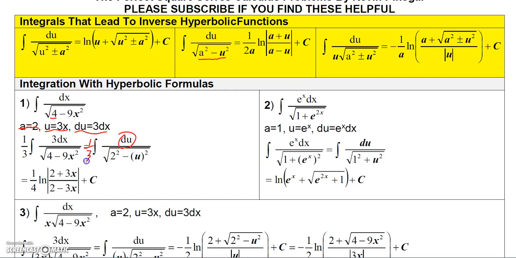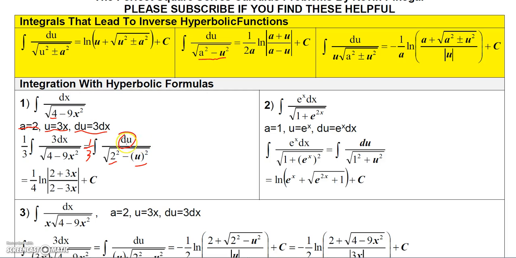So the 1/3 has to carry there. Okay, now let's just talk about this integral now. Now this integral is 3dx, which is du, over the square root of 2 squared minus u squared. Okay, so let's think about what that comes up to. I'll multiply the 1/3 when I'm done. So let's just forget about the 1/3 for a minute, and let's just focus on this integral.